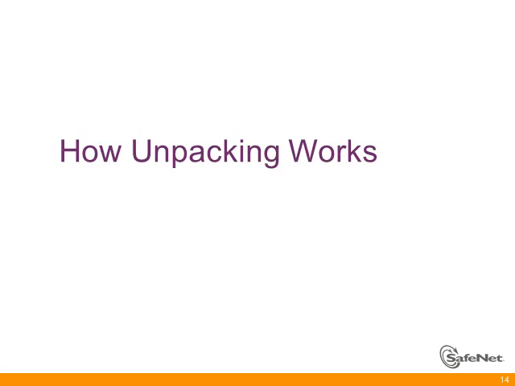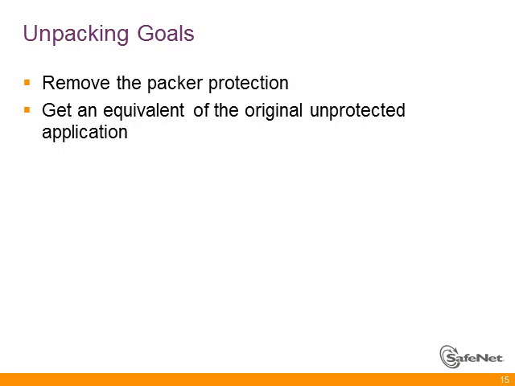Now that we have covered packers and loaders and know a little bit more about the protection side, let's examine how the reverse process works, that is, unpacking. The main goals of unpacking are to, first of all, remove the packing layer or the protection layer, and then receive an equivalent of the original protected application and/or remove code calls to the protection key.